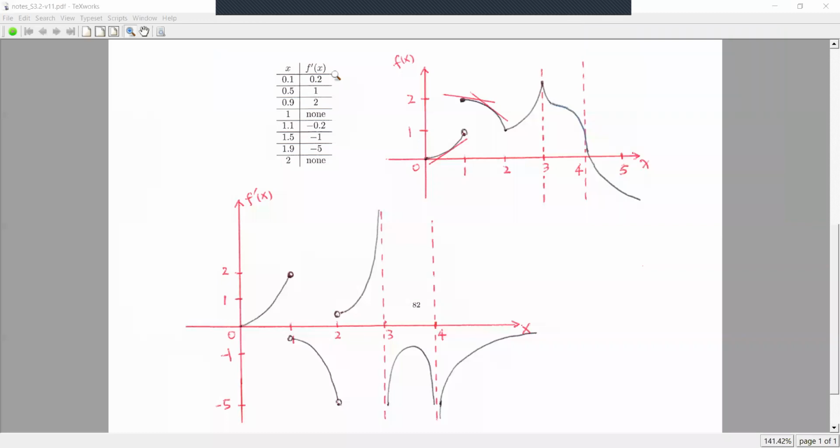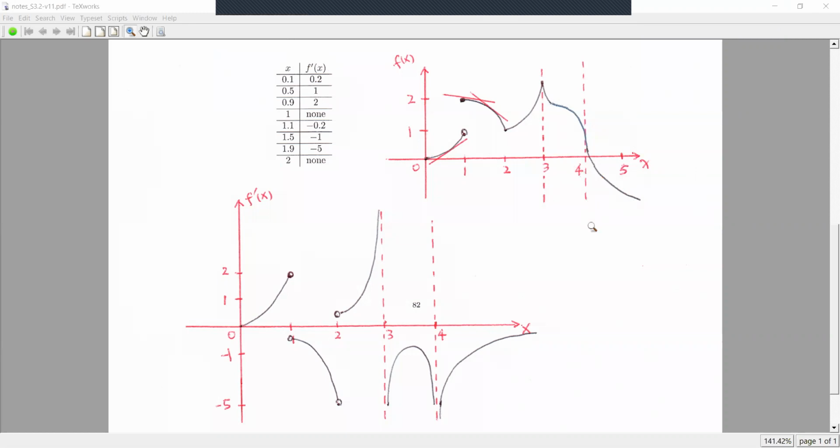Now, I sketch the last piece of the graph of the derivative function. The piece between 4 and 5. Between 4 and 5, all the tangent lines have negative slopes. So between 4 and 5, derivative everywhere is negative.